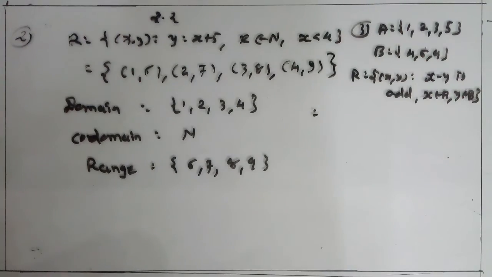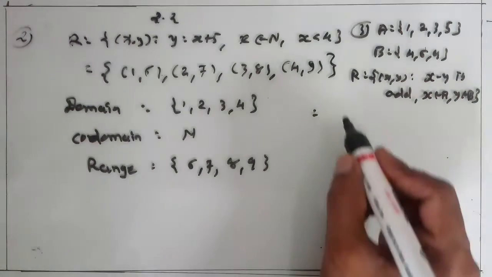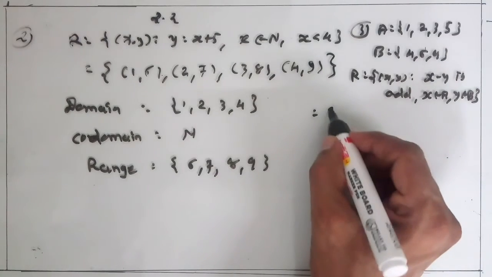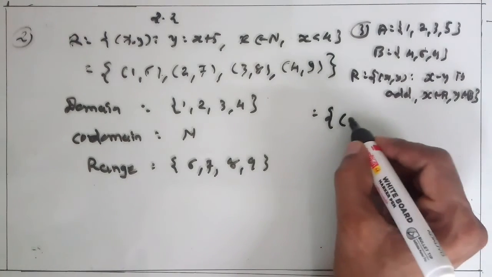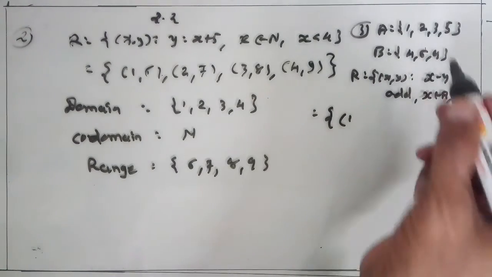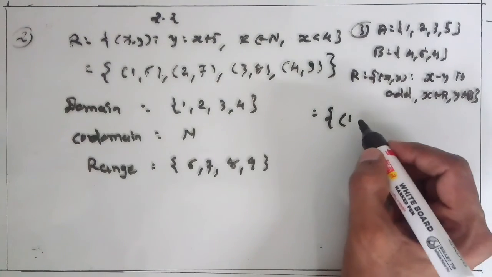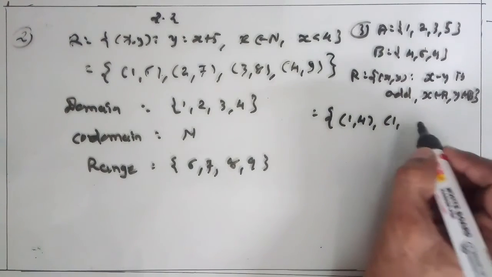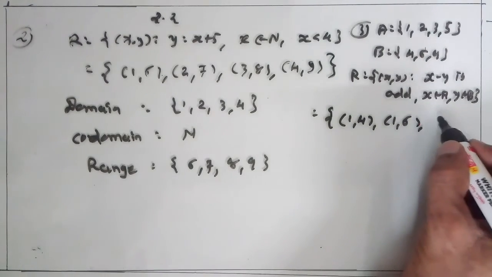You know. So in this relation, if we select a first element odd, then the second element we select even: (1, 4), (1, 6).